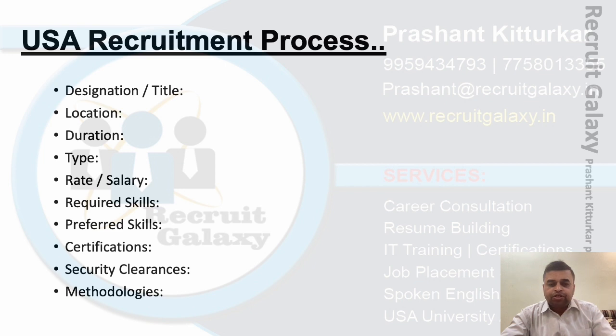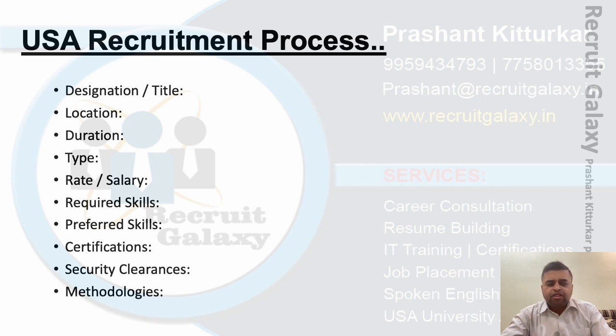If it is a remote position, you can find candidates all over the US. If it is an on-site or a hybrid position, you have to find candidates within 25 miles to 50 miles. So that is the restriction. You have to take care of location as well.